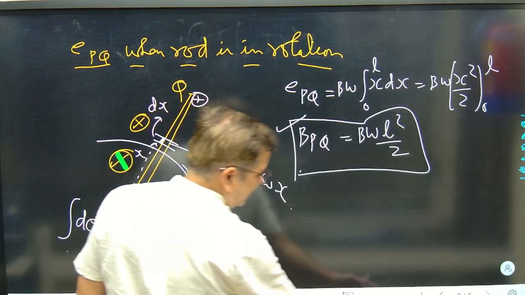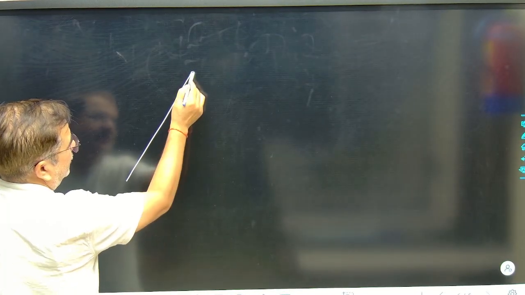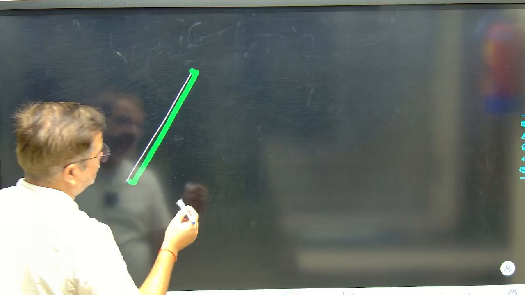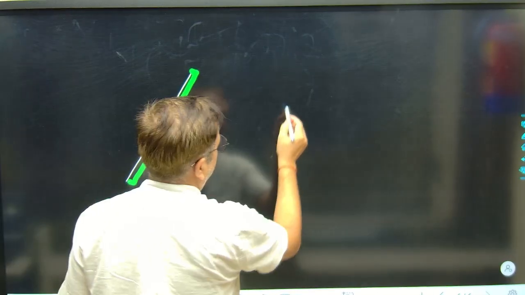Another case I take: suppose I am not rotating about one end, then what? Suppose this rod is here and I am making this rotational effect. I am taking another figure.